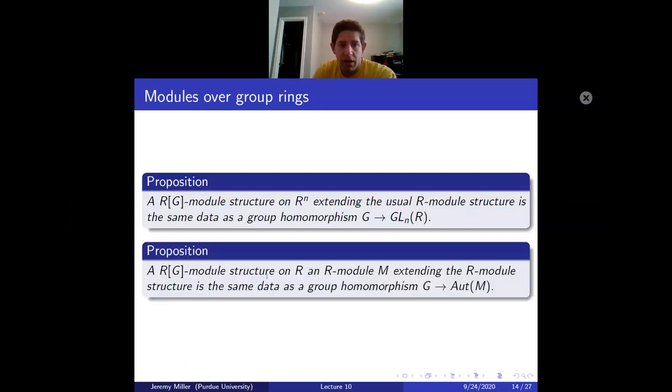And more generally, if you have a group ring module structure on an R module M, that's the same thing as group homomorphisms from G into the automorphisms of M viewed as an R module.